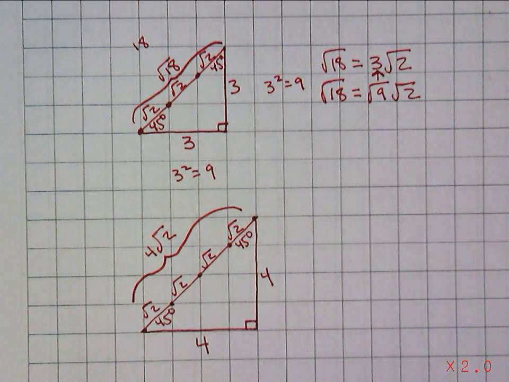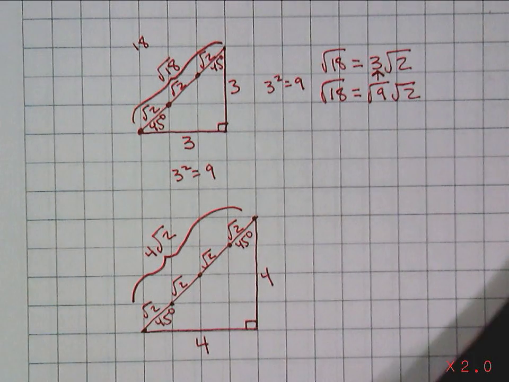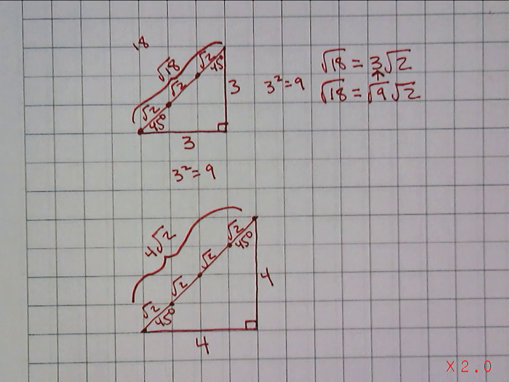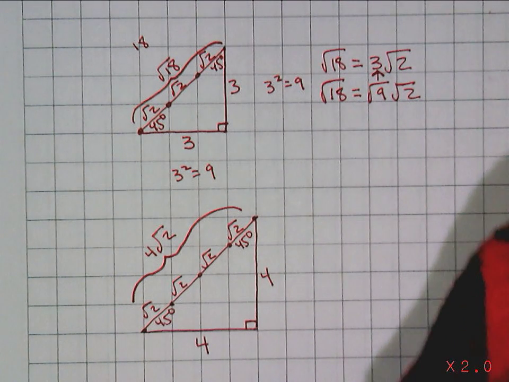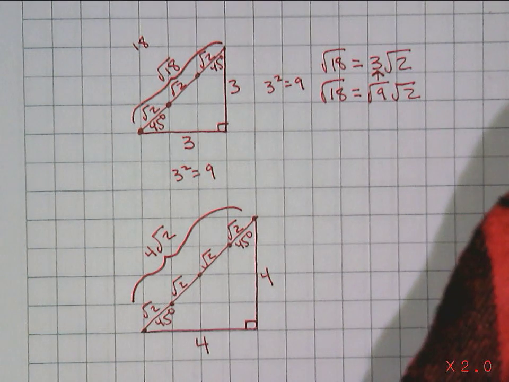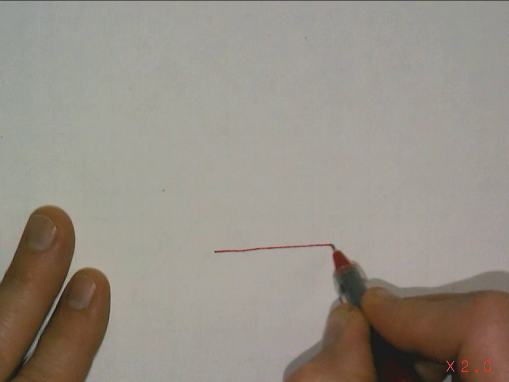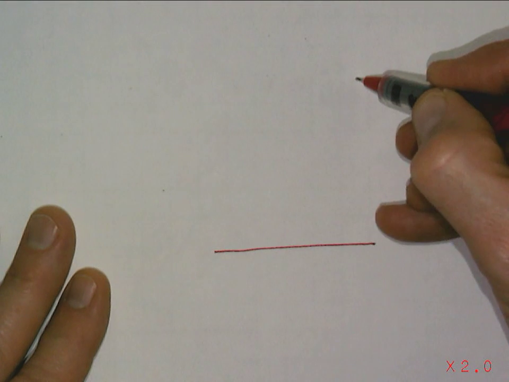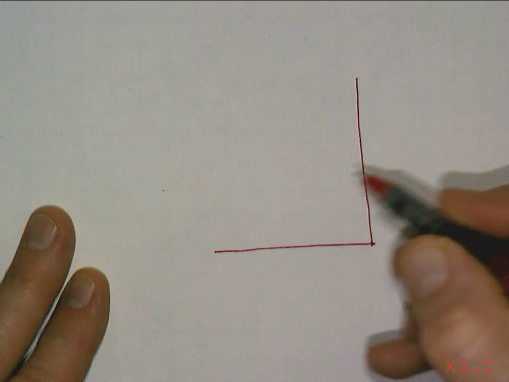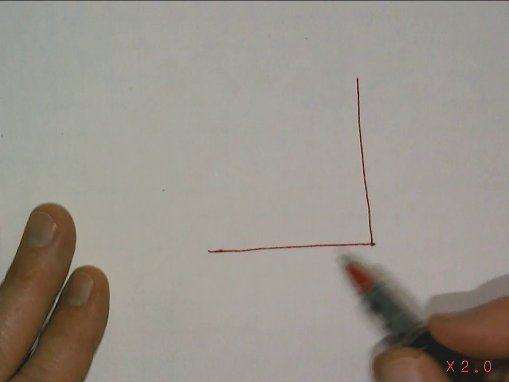And so sometimes we like to generalize this idea. And in generalizing something, we usually want to take it and say something like, if I took any 45, 45, 90 triangle, so I'm going to just make a 45, 45, 90 triangle, at least close, hopefully.